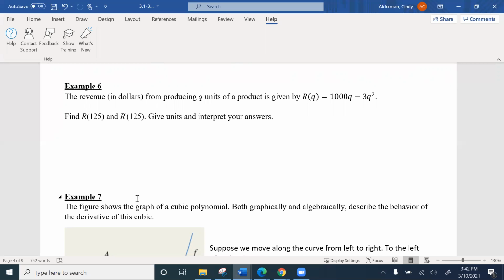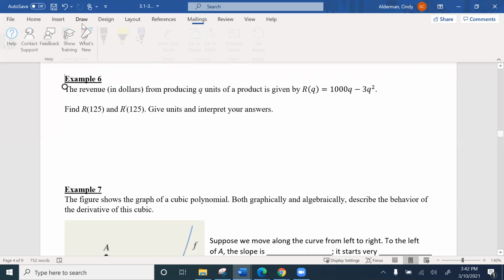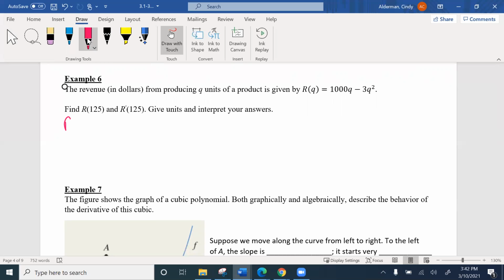What does that mean, find R of 125? What do they want you to do with that 125 in R? Substitute. We're going to substitute it wherever we see Q in the original function.